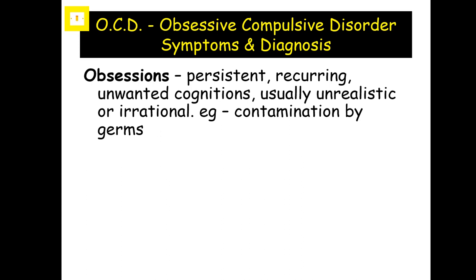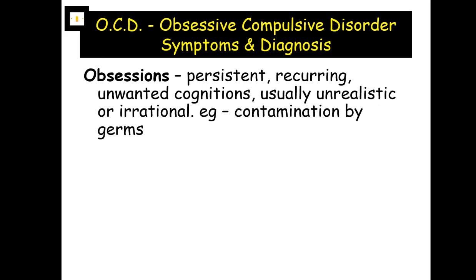Obsessions, what are they? There are some key words in there, and if you're asked to define what is meant by obsessive compulsive disorder, I would want to see some of these key words. They are persistent, recurring, unwanted thoughts. And the other thing is, they are usually irrational or unrealistic.